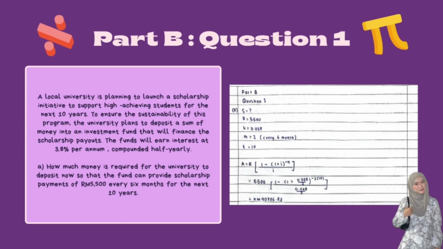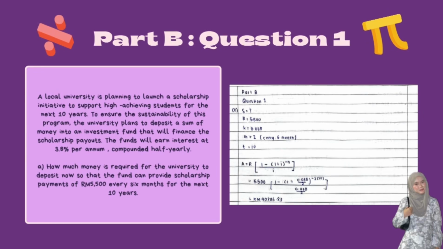From the question, we can label R equals 5,500, k equals 0.038, m equals 2 every 6 months, t equals 10. From the question, we need to find S. The formula that we can use is S equals R in the bracket 1 minus in the bracket 1 plus i in the bracket to the power negative n over i.